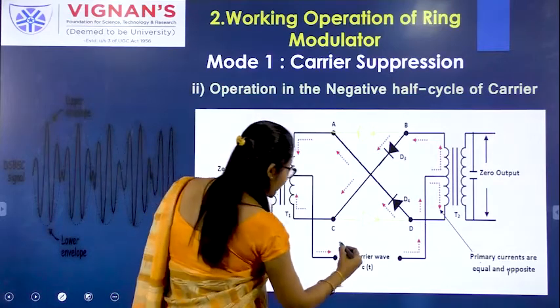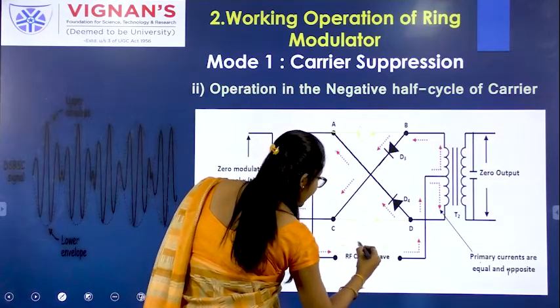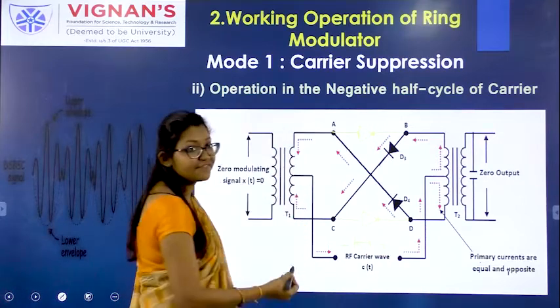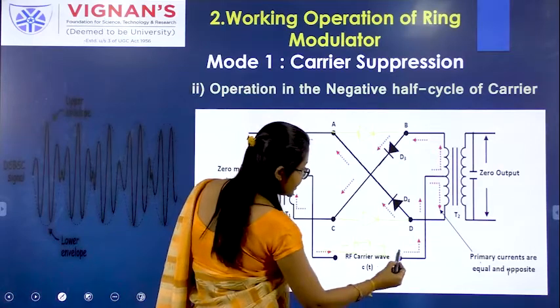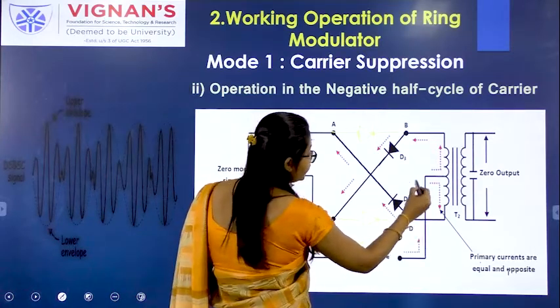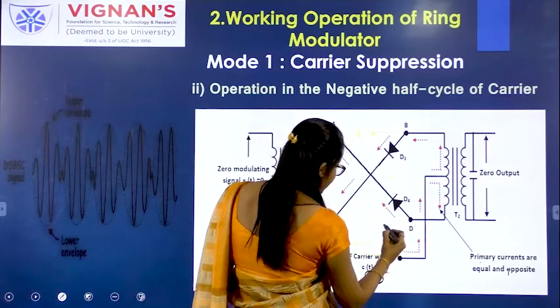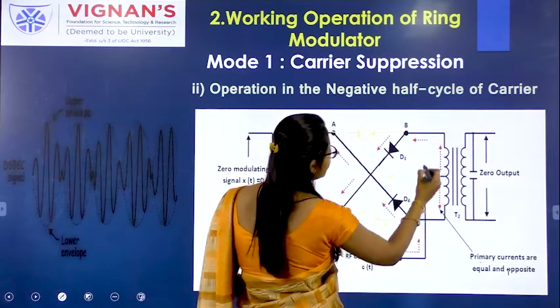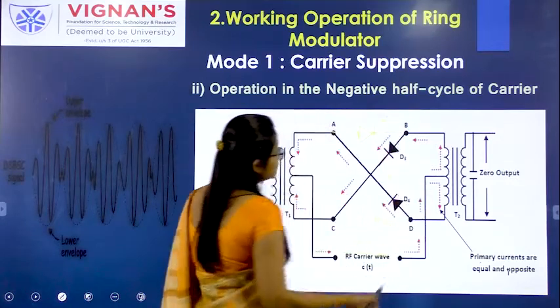If the current flows here, I am giving minus and plus for the negative half cycle. So what is happening? The current direction is like this, right? It will go, and here also the current direction is like this, and here the direction will be this, and here the direction will be this.